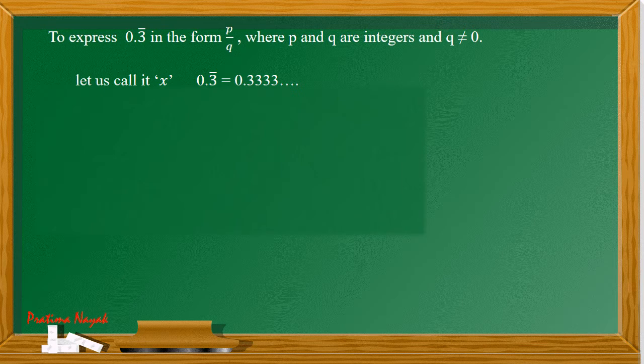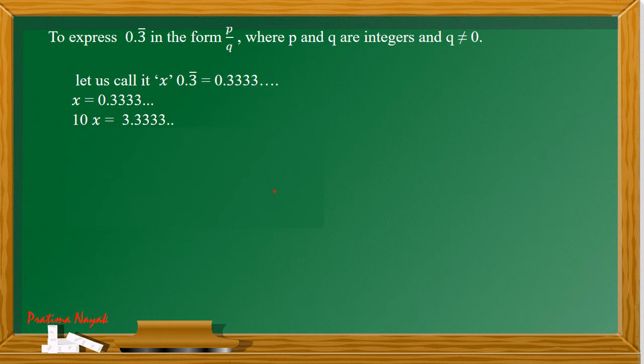Now I'll multiply 10 to it. When I multiply 10 to it, the decimal will shift 1 place right, so it will become 3.3333. Again continued.